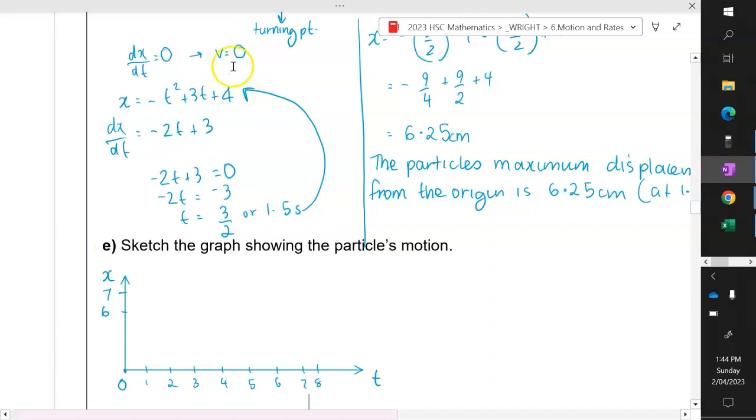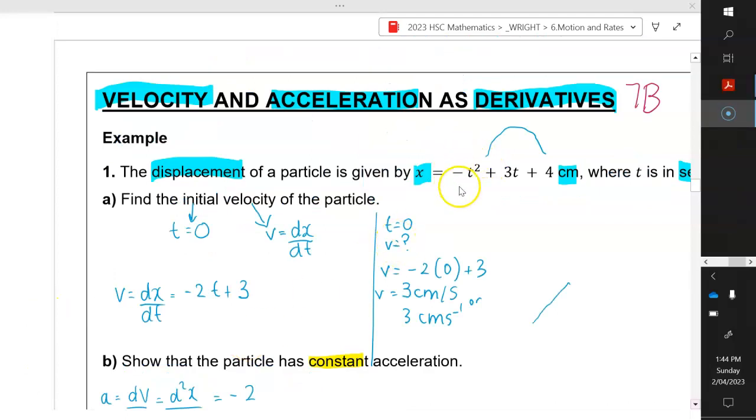I'm just going to start with this one up here. So we know that our maximum at 6.25 happens at 1.5 seconds. So 1.5 seconds is here, and that's our maximum turning point that we've found at 1.5 seconds. So we know at time equals 0, if I put 0 in for my t, I get 4 centimetres.